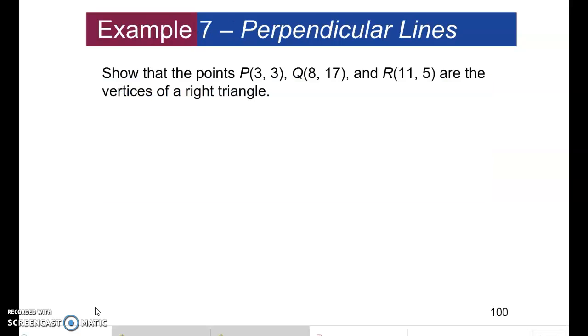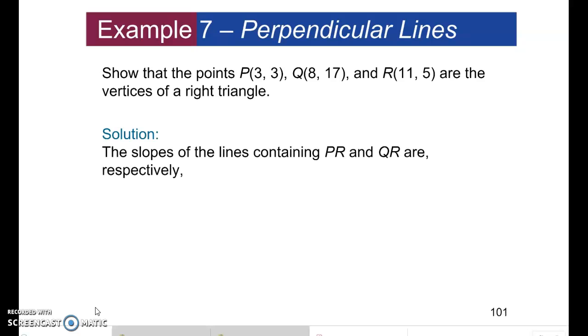So perpendicular lines form a right angle. So here we have 3 vertices of a triangle on the coordinate plane, and we want to determine if this is a right triangle. So are two of those sides perpendicular to one another? If so, then it's a right triangle.